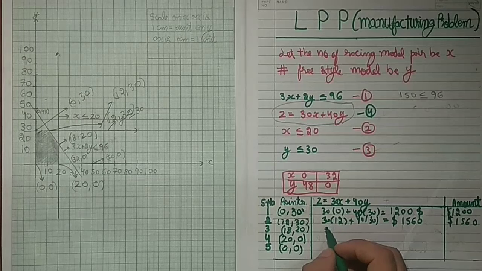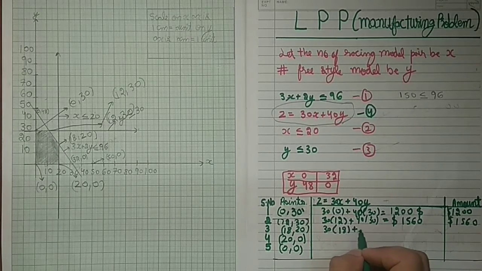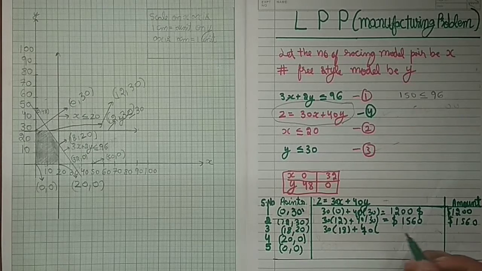Now we put point number 3, 30 into 18 plus 40 into 20. So here we get $1,340 as the amount.